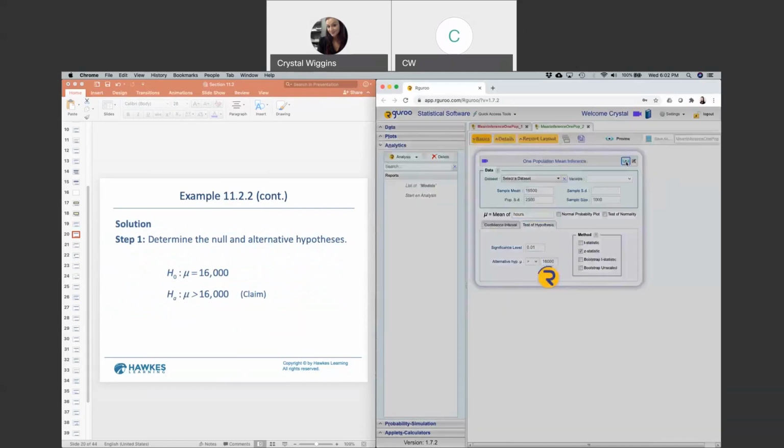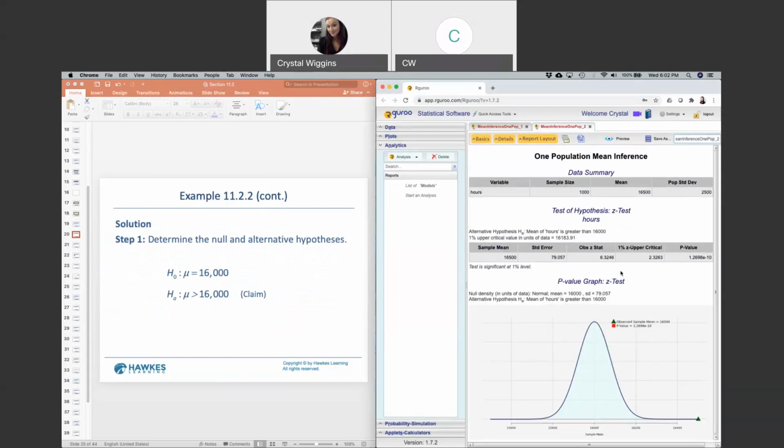So when we click our eyeball, we see that we are working with either a critical value or a p-value method. Again, we get both. If we were using a critical value method, then here is the only critical value we need because this is a right-tailed test. Notice the greater than sign is pointing to the right, which is why the rejection region is only on the right side.